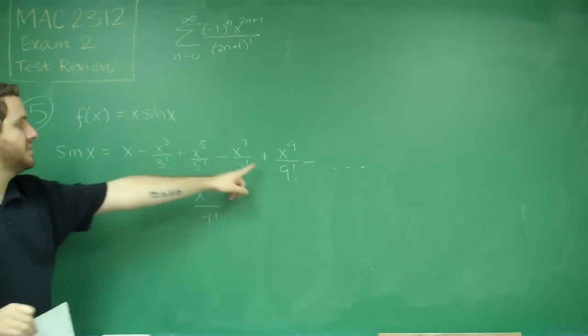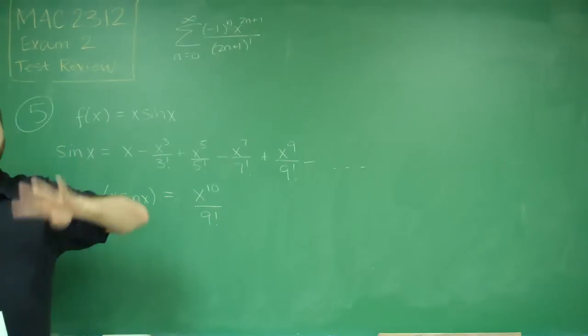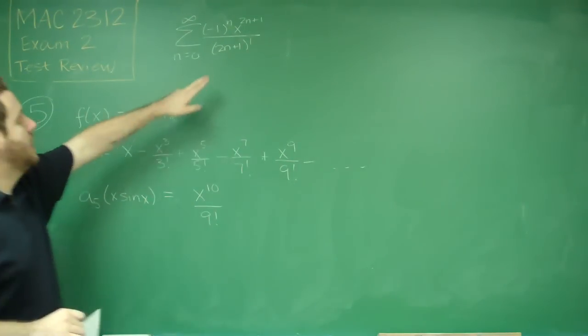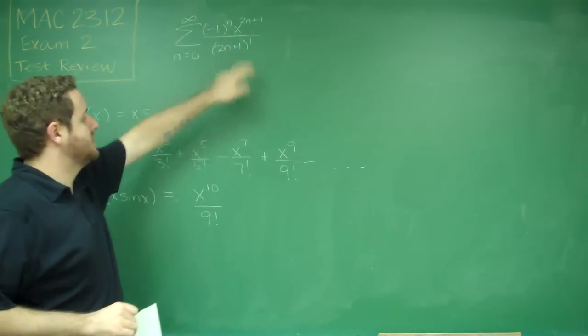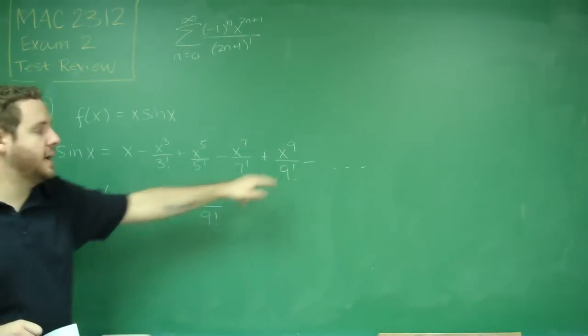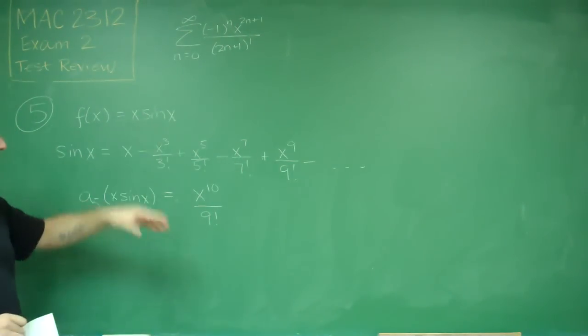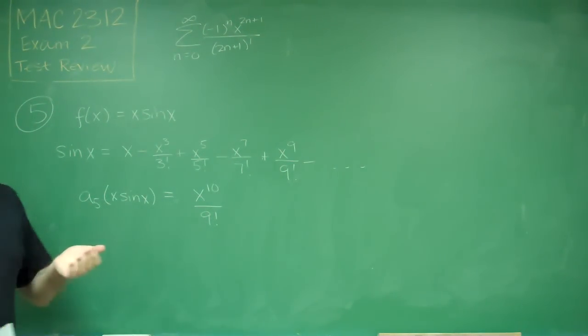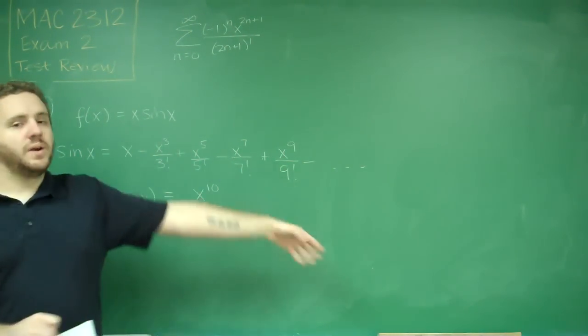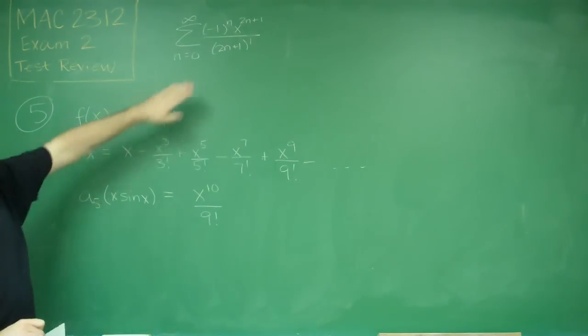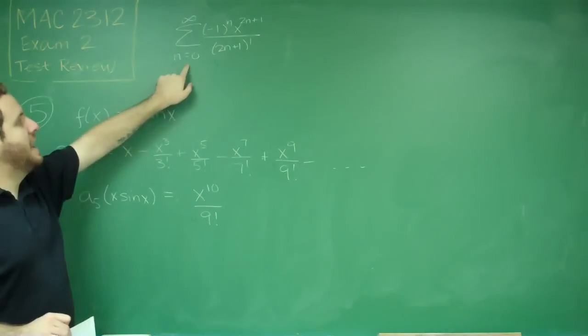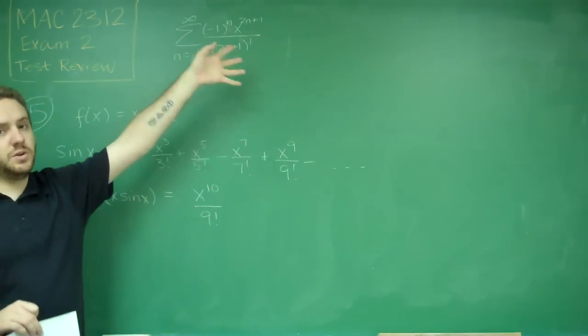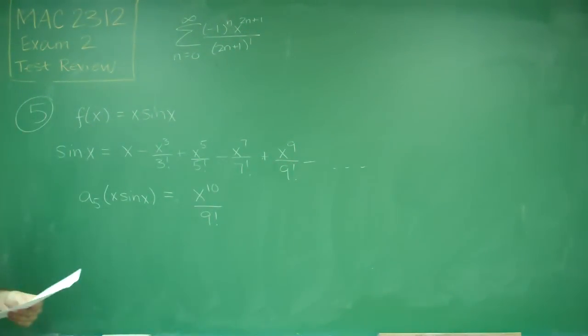So if you wanted the fifth term, you would have to plug in n equals 4, not n equals 5. If you plug in n equals 4, you'll get exactly x to the 9 over 9 factorial, and you're supposed to multiply by x. You get this. But let's say we were asked for the 20th. Of course, you're not going to write out 20 terms. But if you wanted the 20th term of sine x, it would be when n equals 19. And you could plug it in and figure that out.